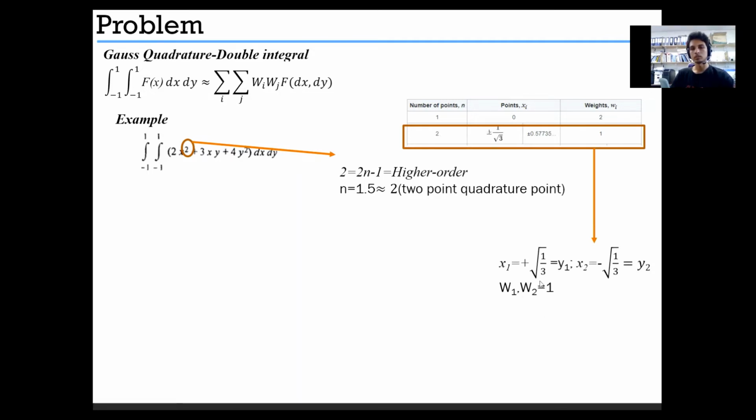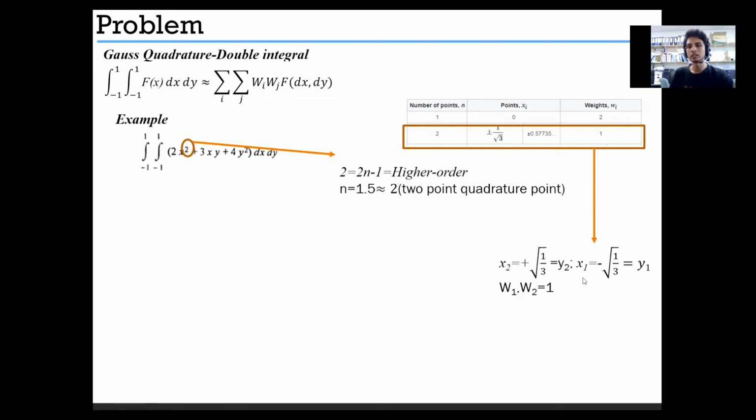I have made this error again, sorry. Okay, so x1 is equal to minus 1 by root 3, and x2 is equal to plus 1 by root 3, and in that case we also need the value of y.